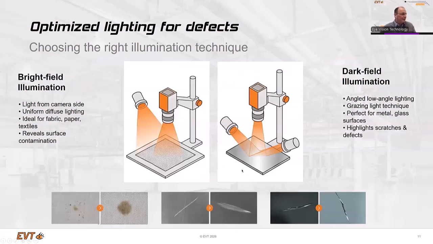And of course, the optimization of the light, I just mentioned it before. If you have an area scan camera, it's always difficult to have bright field illumination or dark field illumination, because you always have to illuminate the complete area where the area scan camera looks, the field of view.